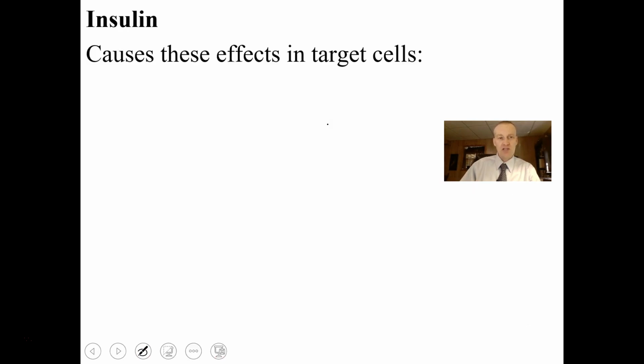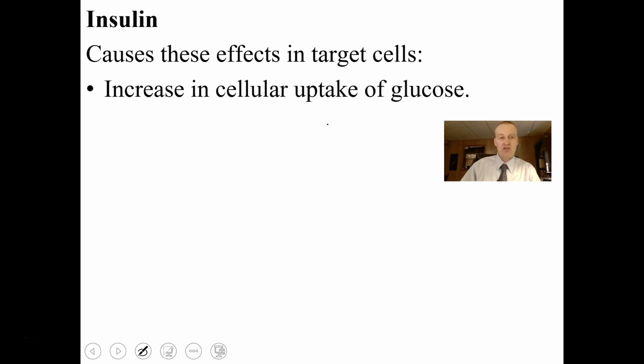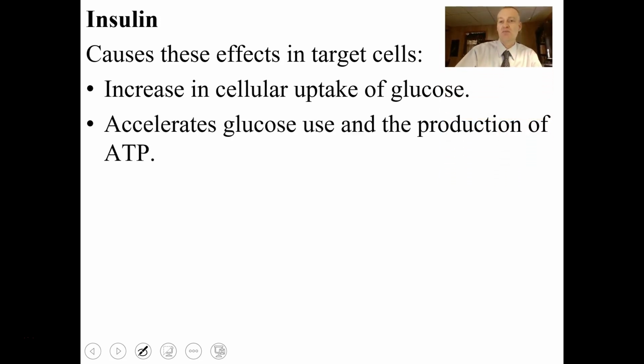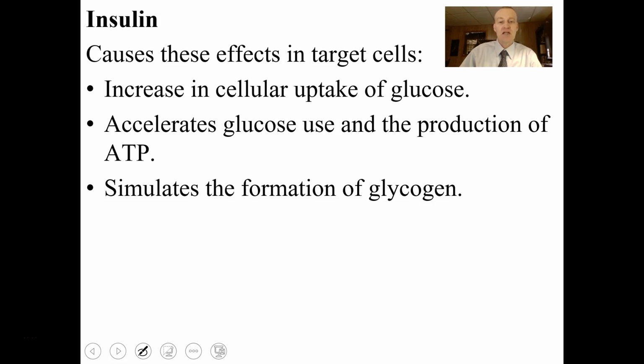So insulin causes these effects in target cells. It causes an increase in cellular uptake of glucose. Your cells have to be told to take in glucose, and insulin is the hormone that tells them to do that. It accelerates glucose use in the production of ATP, and it stimulates the formation of glycogen.